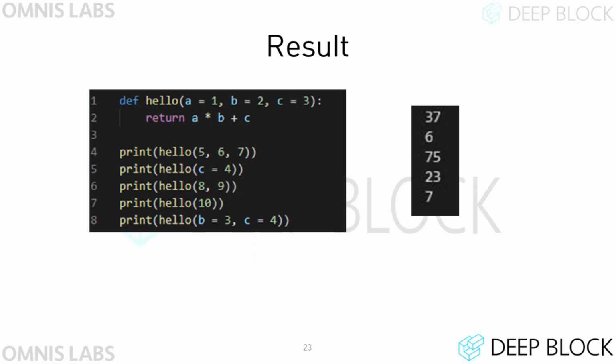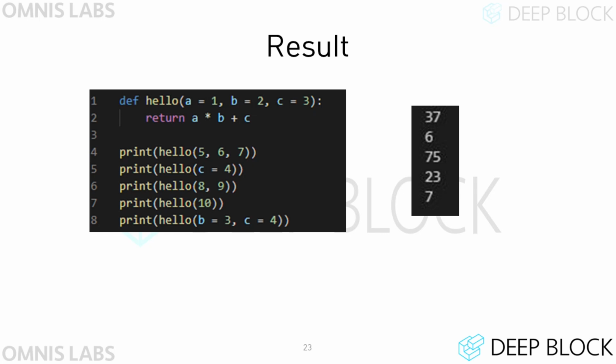When you run the program shown earlier, the following values are displayed. Calling the hello function on line 4 returns 5 times 6 plus 7. In line 5, only c gets 4, so 1 times 2 plus 4 is returned.